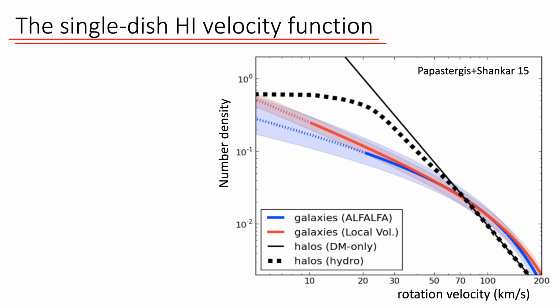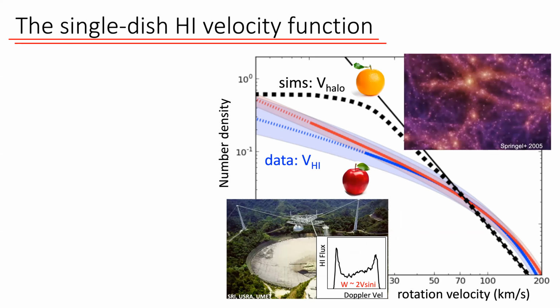And one thing to keep in mind is that we're not necessarily comparing apples to apples here, in the sense that the data often come from a measure of the width of the H1 spectral line from a spatially unresolved observation at a facility like Arecibo. And so the width of the line combined with the inclination of the corresponding source gives us the point that is ultimately put into the velocity function.